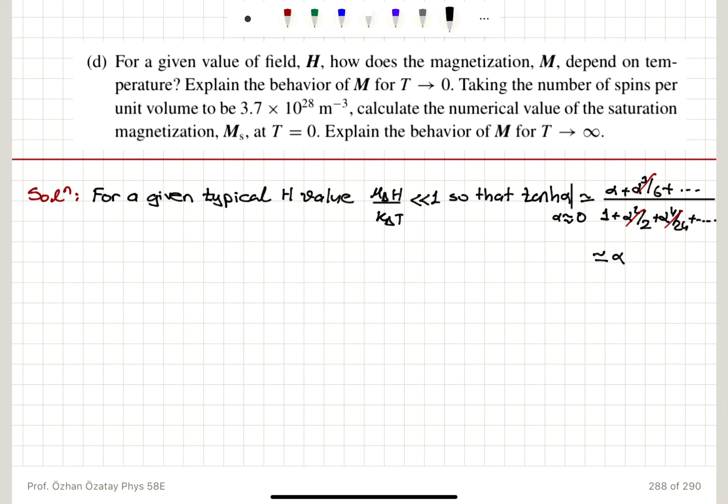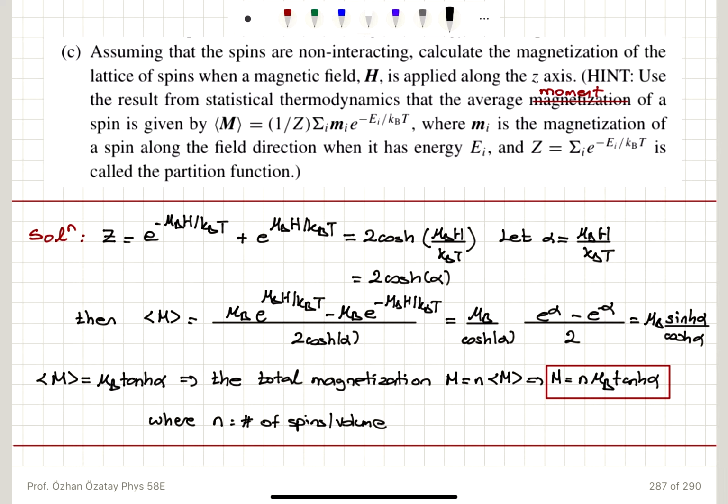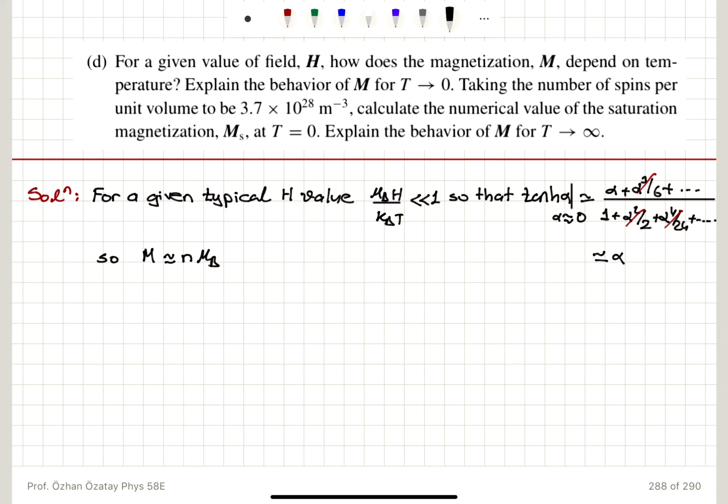So we can see that the magnetization is going to be approximately n times μ_B. So what did we find? n times μ_B tanh alpha, n times μ_B times alpha.